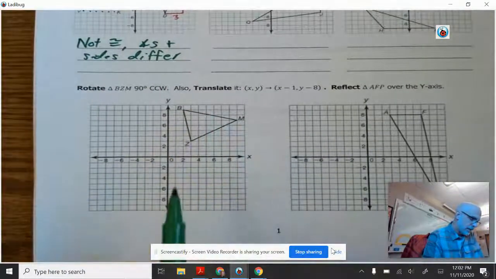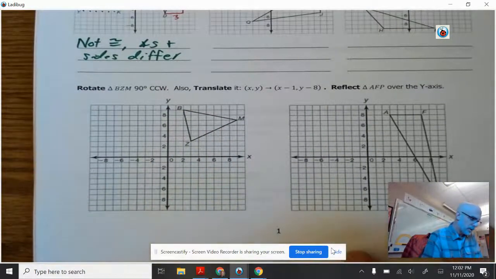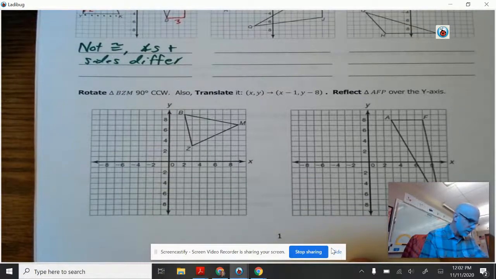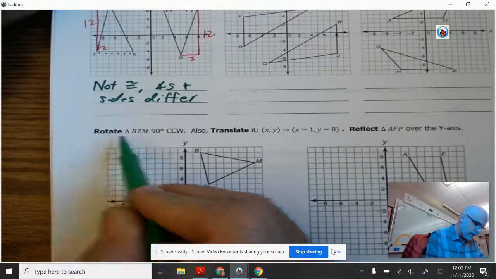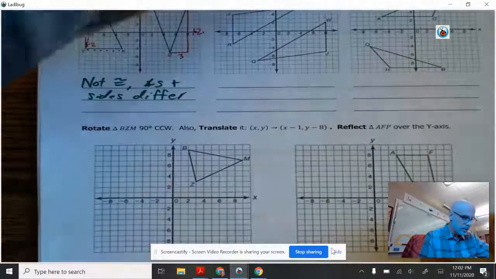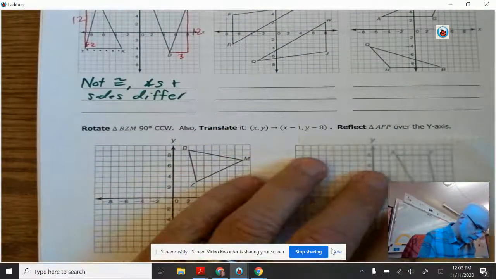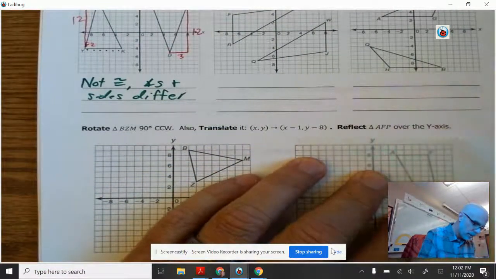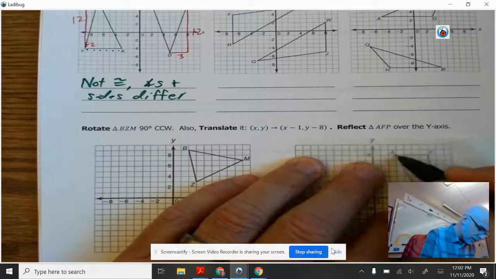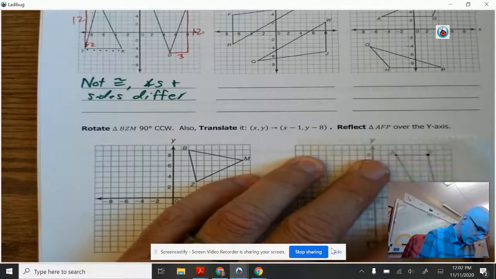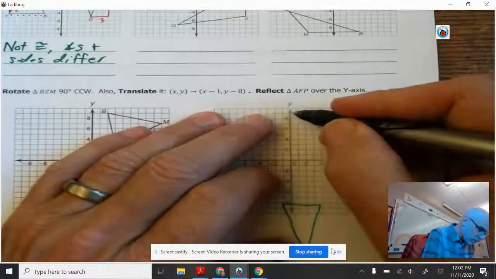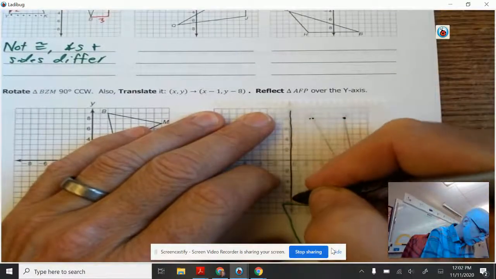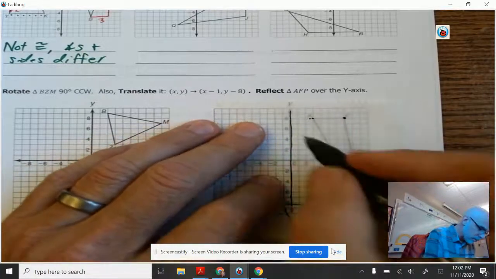When you do that down here, just remember we were doing some translations, rotations, and reflections. There's the big 3 right here. And when we do these, for example, if you reflect this triangle right here across the y-axis, so A, F, and P, if these reflect across the y-axis, I'm going to flip that over there.